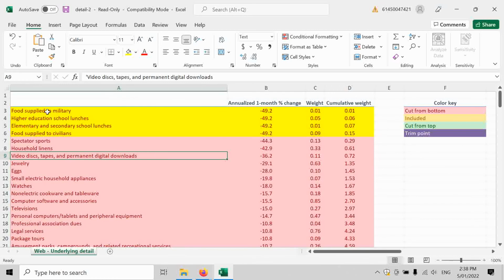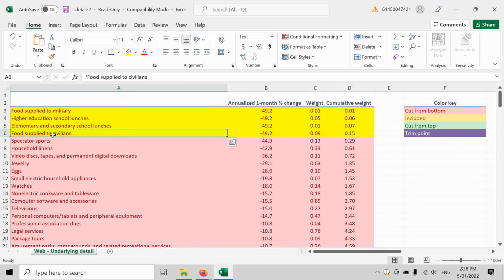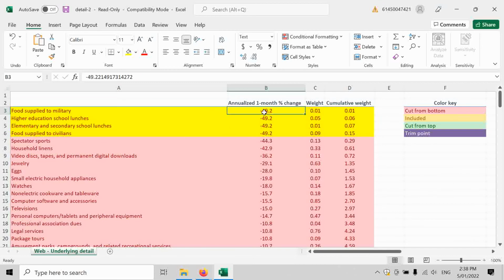Now, these first four, food supplied to military, higher education school lunches, elementary and secondary school lunches, food supplied to civilian, deflated by almost 50%, annualized one month change.